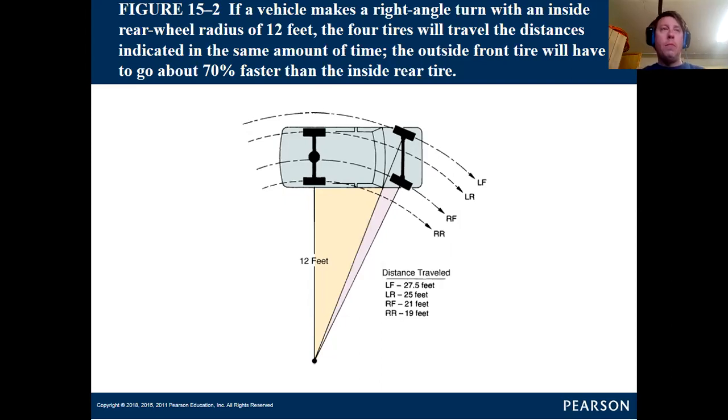So a part-time four-wheel drive vehicle does not have a center differential to allow for the front drive shaft to spin at a slightly different speed than the rear drive shaft. All-time four-wheel drive, all-wheel drive vehicles do have a center differential mechanism that allows for the front drive shaft to spin at a different speed than the rear drive shaft.